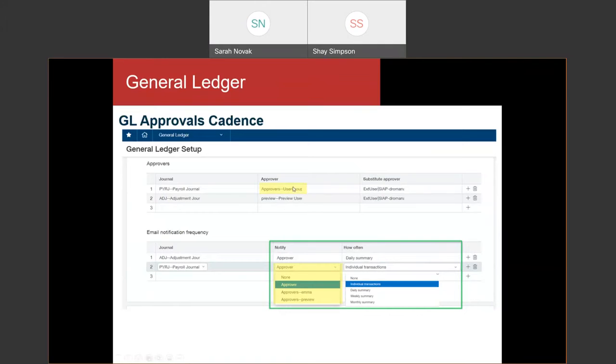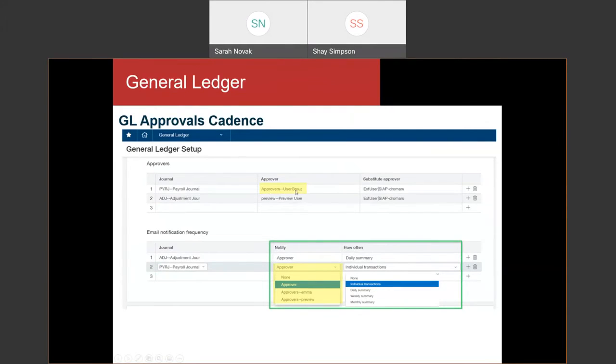Now, this is something that was released in R1, but I do want to touch on it briefly here. Within journal entry approvals, you can actually set up an approval group. You have to go out under your users and set up a user group, but you can assign those user groups now to journal entry approvals. And again, this is a journal by journal type approval.